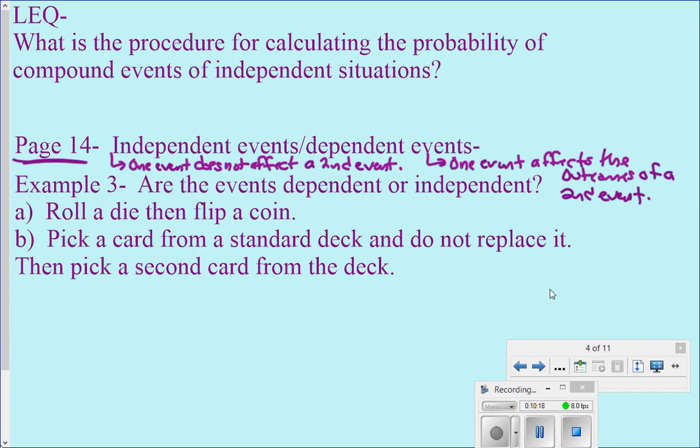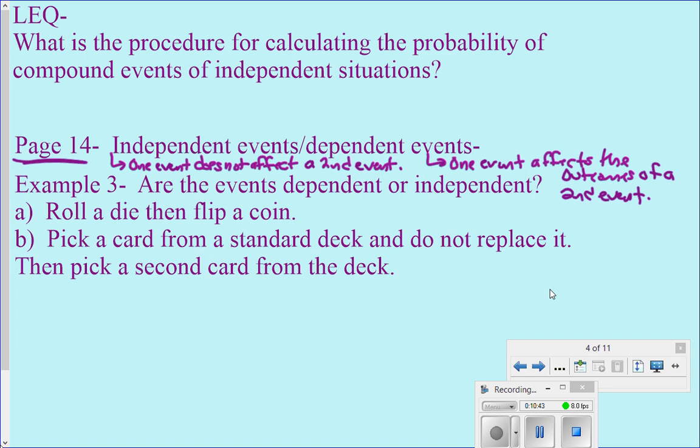Picking the first one didn't really affect the second one because you put the first one back, so you still had the same amount of energy drinks and the same types of energy drinks that you did for the first pick. So that was an example of an independent event because picking the first one didn't affect the second pick at all.